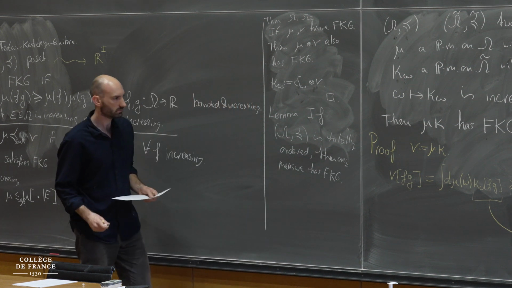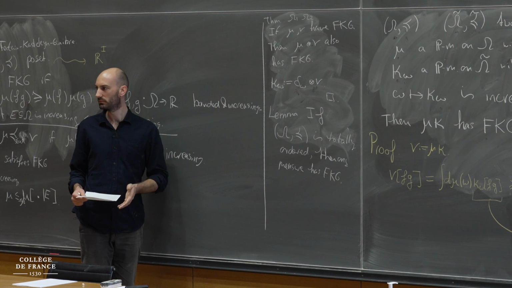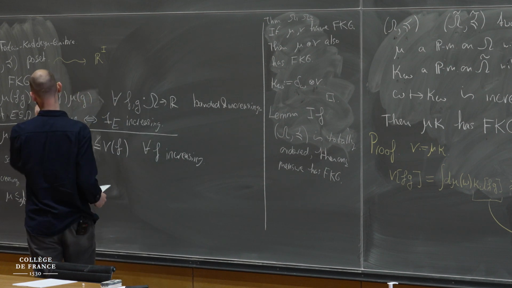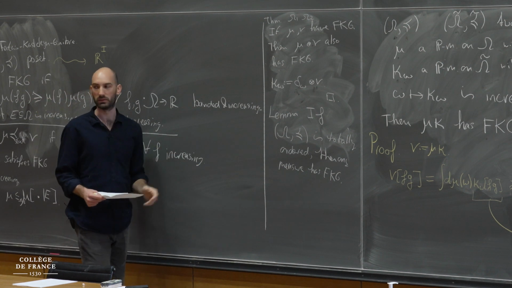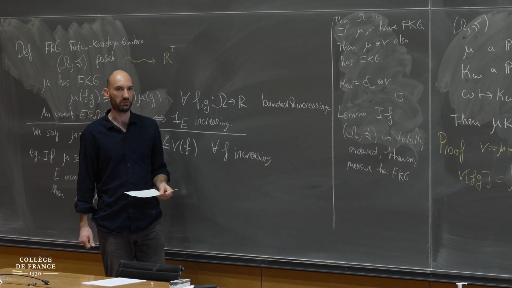Okay? So for example, if I look at any measure on R, and I take two increasing functions on R, then the expectation of the product of those functions is always going to be bigger than the product of the separate expectations. So I will leave that as an exercise.